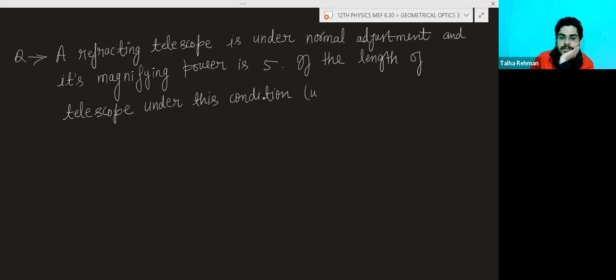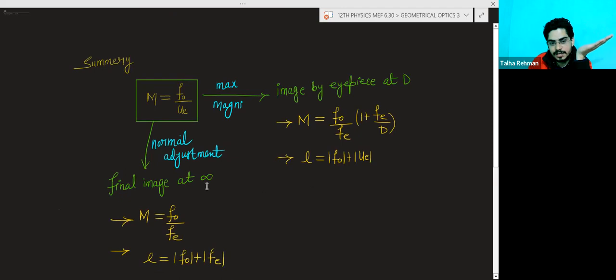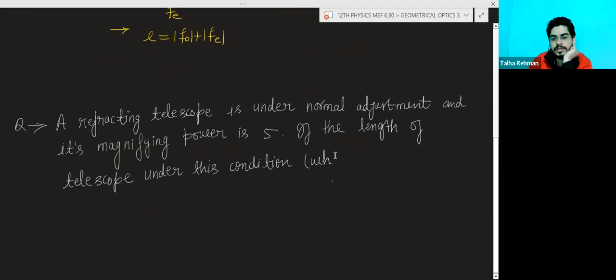Okay, for the normal adjustment we know the final image is formed at infinity.